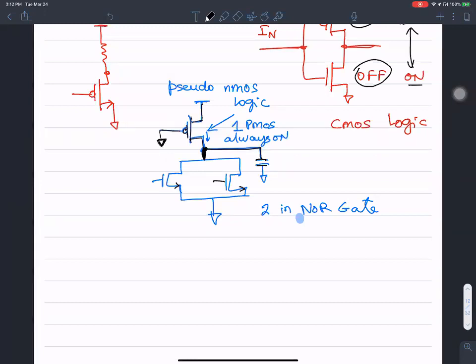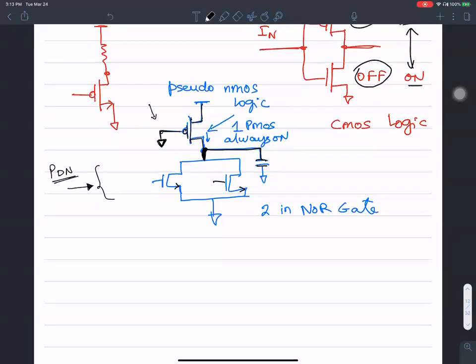So this PMOS is always on. And the logic itself is implemented by the corresponding pull-down network. So the idea is when the pull-down network is active, the pull-up network is not off. That complementary action is not present here. When the pull-down network is active, the pull-up network is also on.